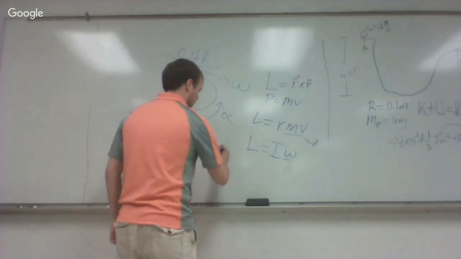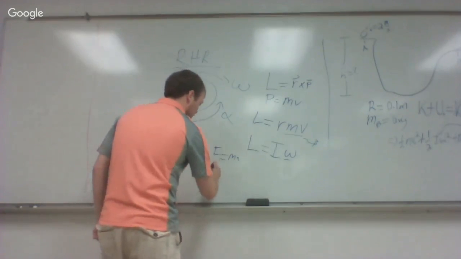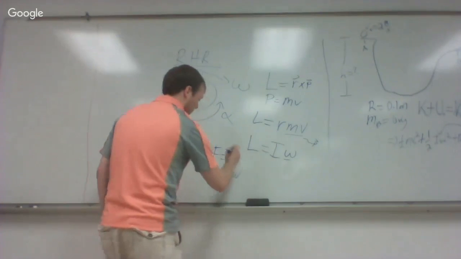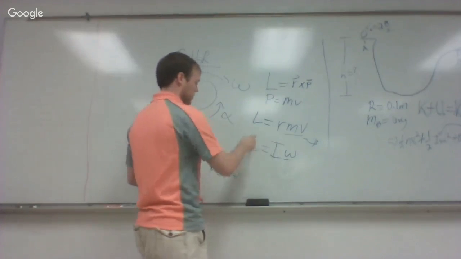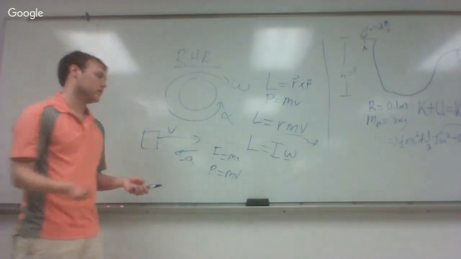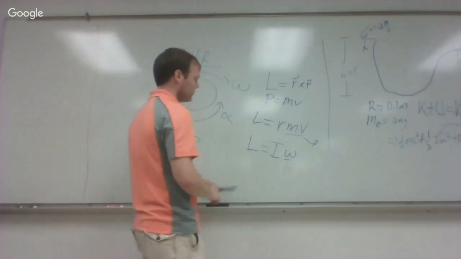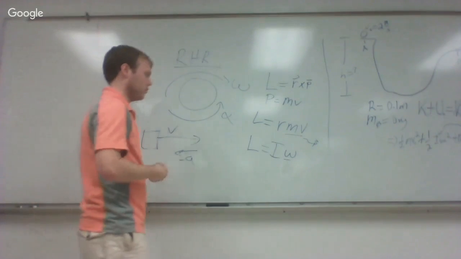And if we think of F equals ma, that's linear acceleration, and then p equals mv, linear momentum. So these are related in a way, and that should be kind of there. If you were given a problem, it would be pretty apparent.